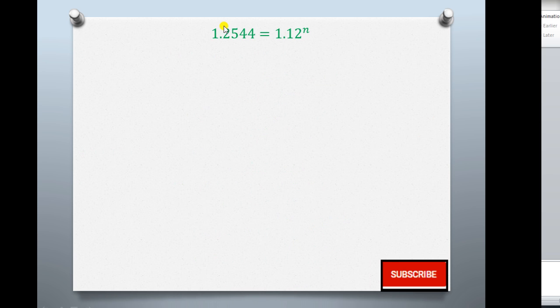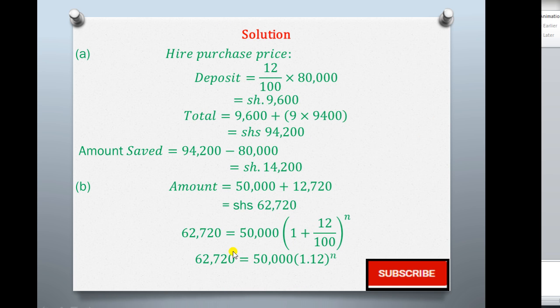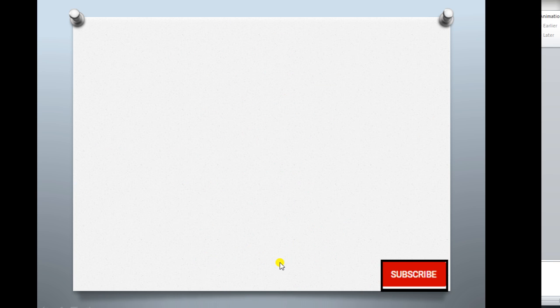Now, when you look at this value that you see here, 1.2544, it was obtained by simply dividing this value here by this value here. And after that, we now have to think of introducing log base 10 on both sides.